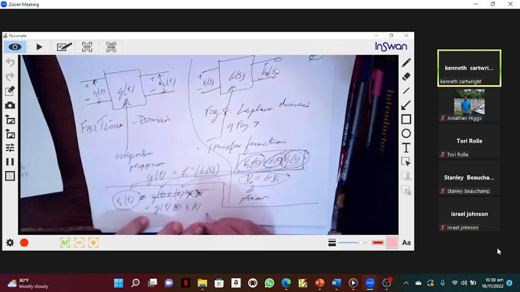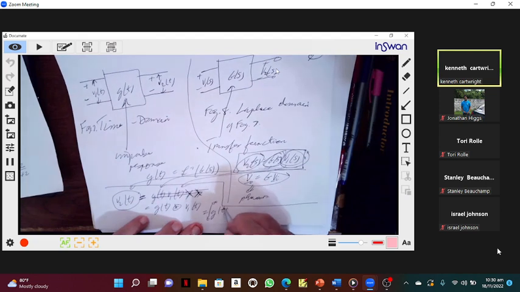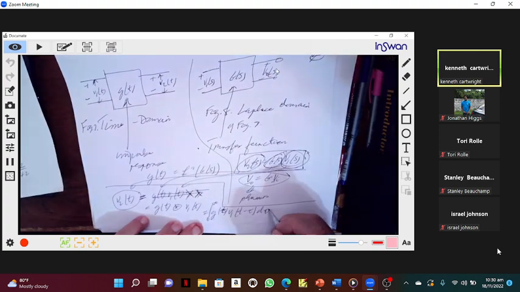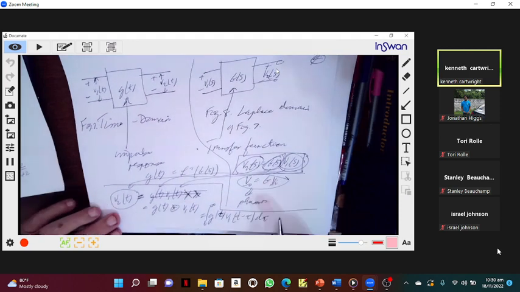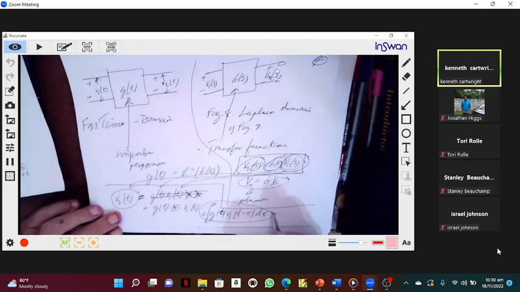Convolution is an integral from 0 to infinity of G of tau times V1 of t minus tau d tau. Convolution is this horrible looking integral.